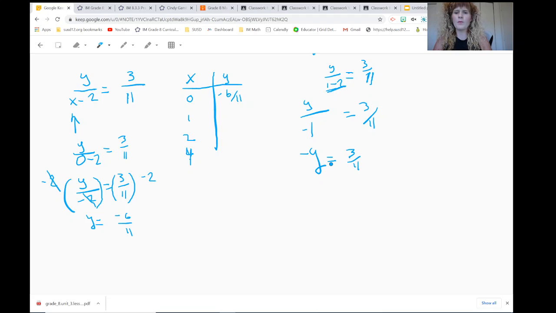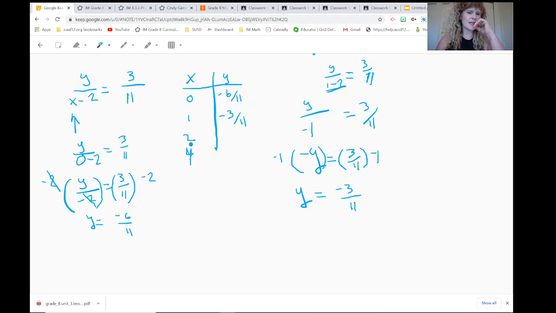I want to know what y equals. So I'm going to multiply this side by negative 1, and this side by negative 1. Negative 1 times y gives me a positive y, and 3/11 times negative 1 gives me negative 3/11. Now fill in your table.